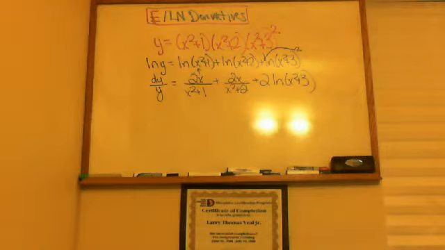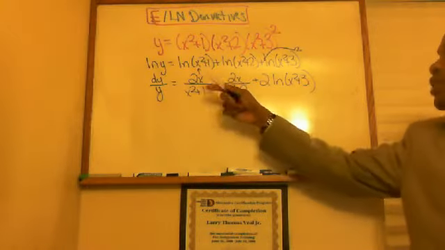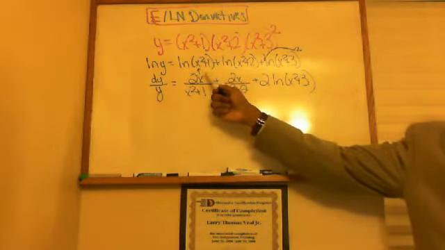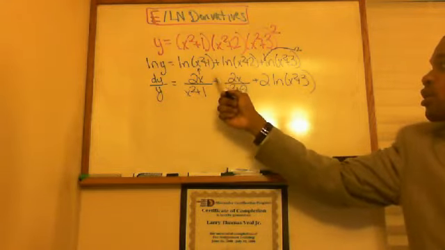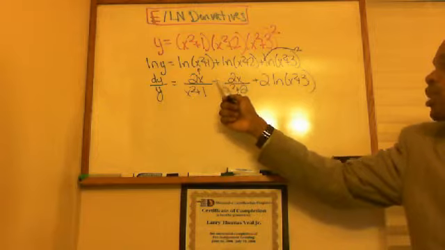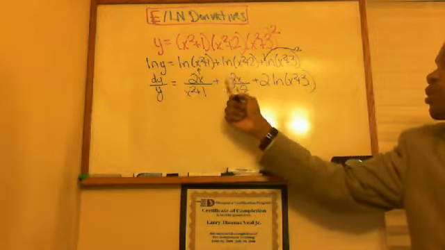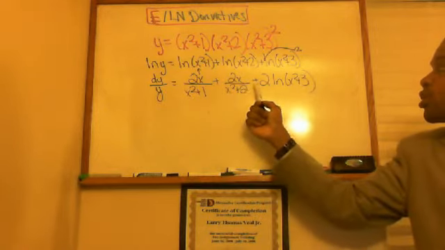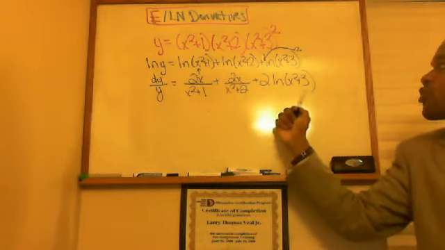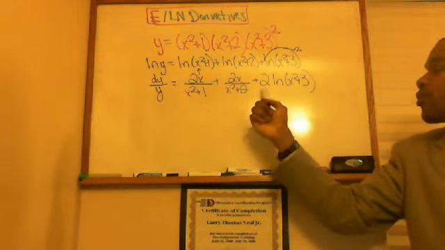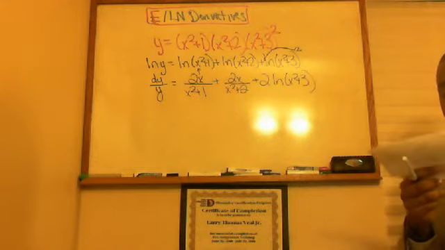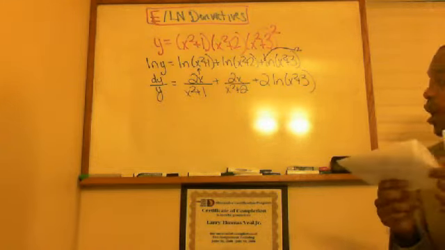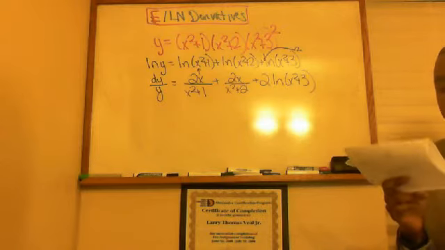Alright? So as you see right here, the derivative of the inside of parentheses is going to be 2x, using the power rule, over x squared plus 1, plus 2x, which is the inside of parentheses here, over x squared plus 2, plus 2 natural log of x squared plus 3. Now, I didn't derivatize that third one quite yet because I'm not exactly ready to do so.